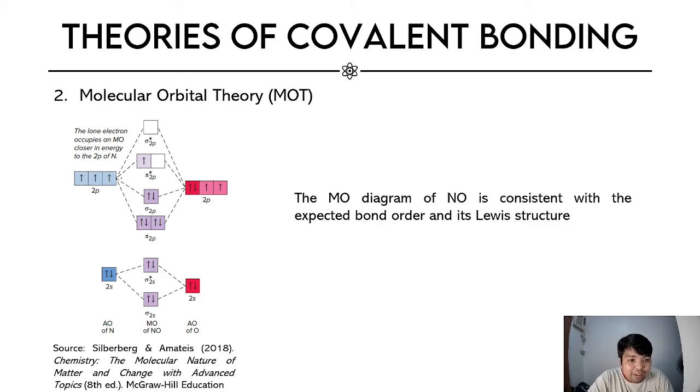So what they did is the sigma 2p rather is higher in energy than pi 2p, and this is again consistent with the Lewis structure. And if you notice here, since the sigma 2p is closer in energy to oxygen, that means oxygen will have a greater contribution to the formation of the sigma 2p compared to nitrogen, since it is closer in energy.